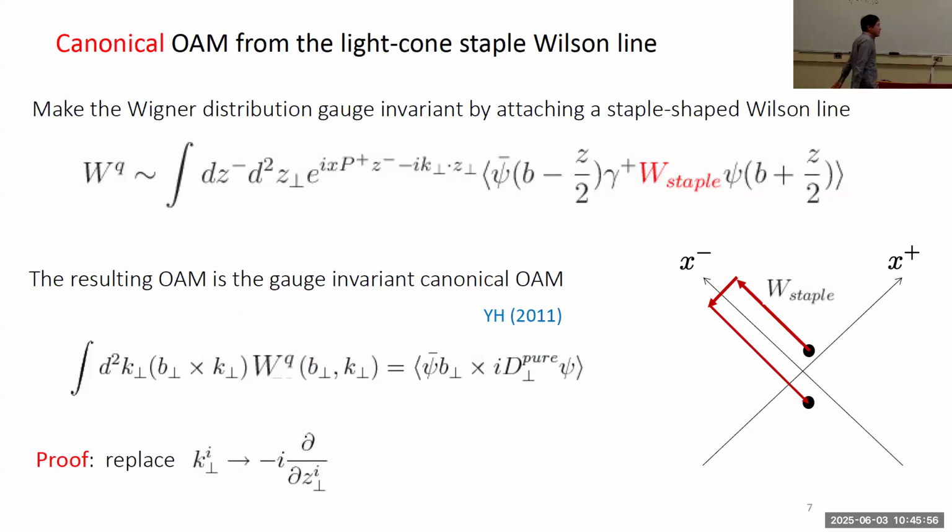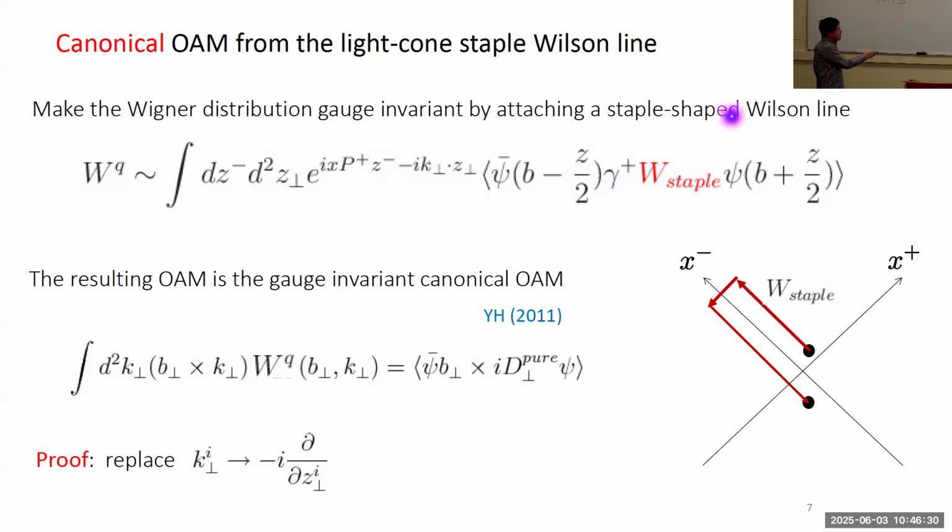That's the statement, and here's the proof. First, I have this k perp here, but I can replace this k perp with the z perp derivative because I have this phase factor. So k perp can be a derivative of this exponential factor with respect to z perp, and I can do the partial integration in z perp, and this derivative acts on this matrix element.